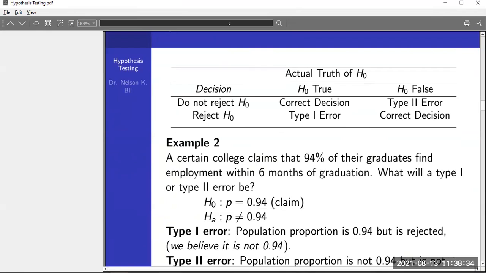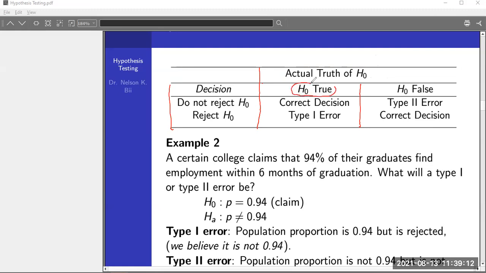Okay, so what we have here is what we call the actual truth of the null hypothesis. The actual truth of the null hypothesis is that it is true. Allow me to draw this way, like this. So this is the actual situation of the null hypothesis.